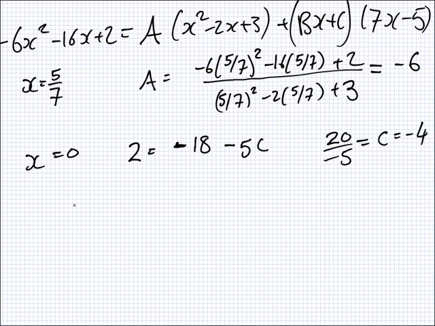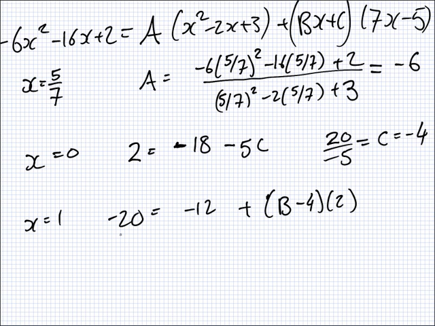Okay, and then any value will do to get the b. I think 1 would be good. So minus 6 minus 16 is minus 22, plus 2 is minus 20, equals 1 minus 2 is minus 1 plus 3 is 2 times a, which is minus 12, plus c, which is minus 4, plus b plus c times 2.